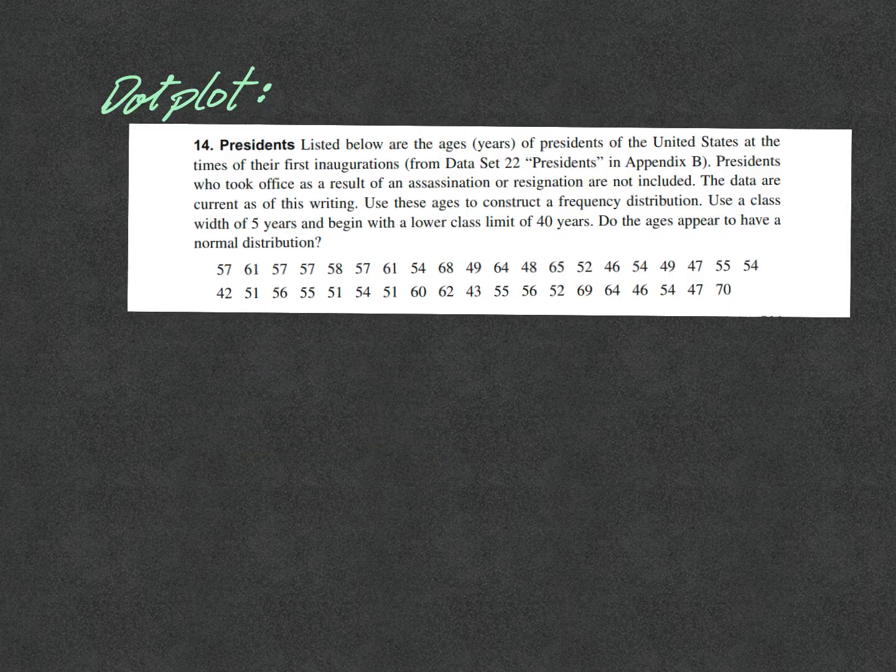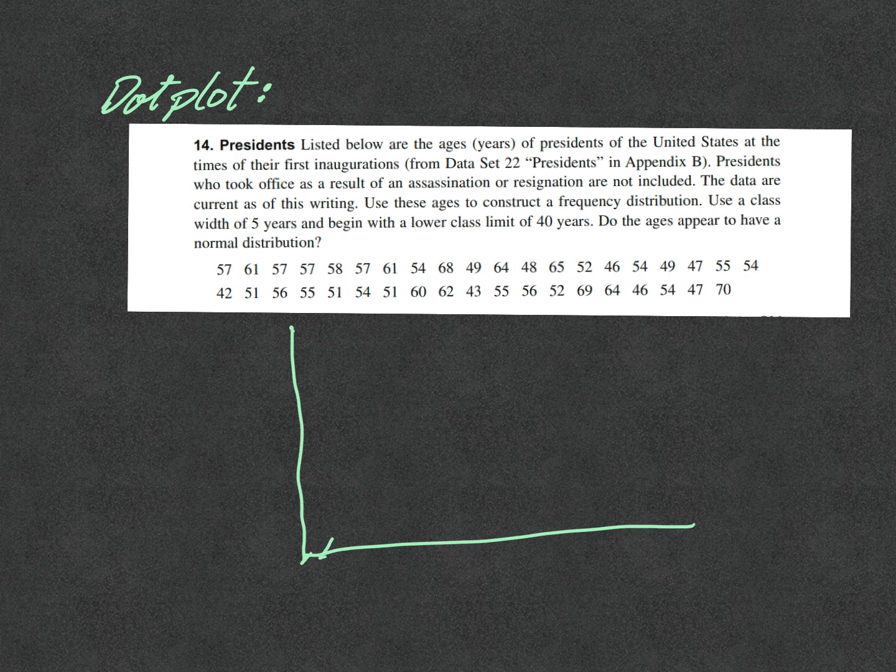So I want to create a dot plot with these president ages again. It's just a good set of data to use to do this. And what I would do to create a dot plot is I would draw an axis. And a dot plot is like a histogram, but just for single data.